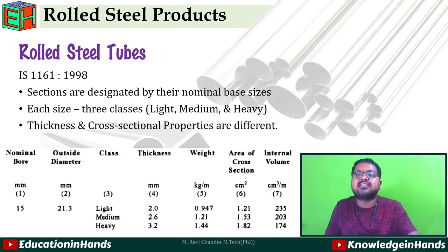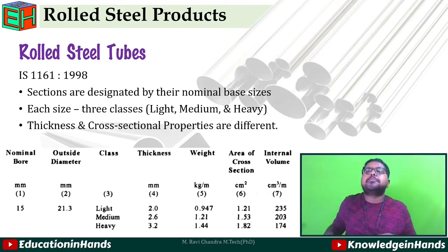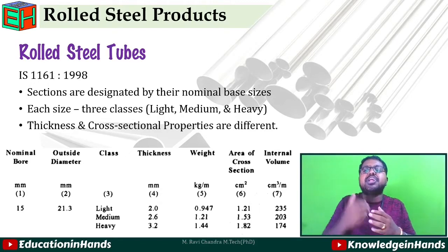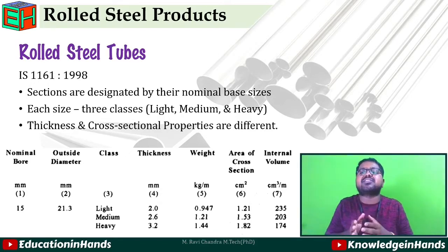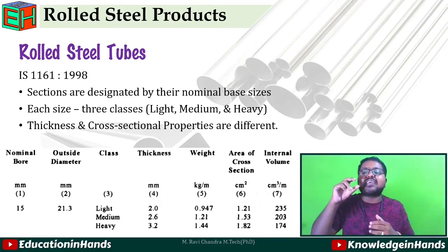The next one is rolled steel tubes. So if we see in the handbook, we are having all the rolled steel products, but these rolled steel tubes are in IS 1161 1998. Here sections are designated by their nominal bore sizes. Then each size has three classes. That means if we select a size of 15, it is having three categories.